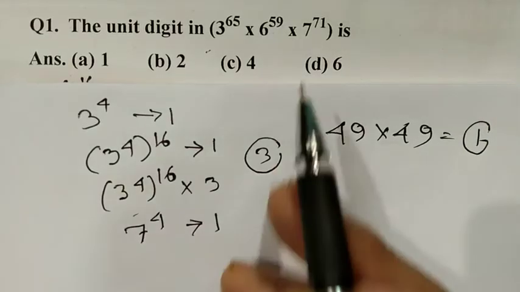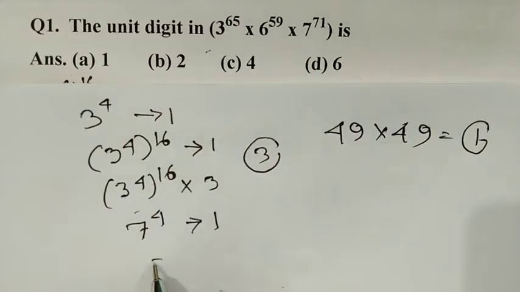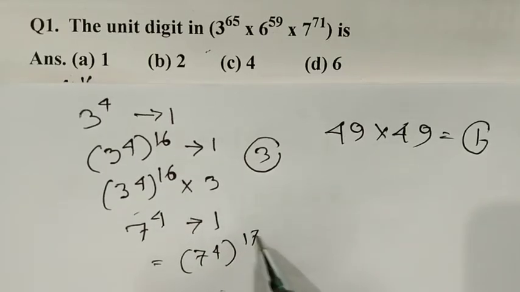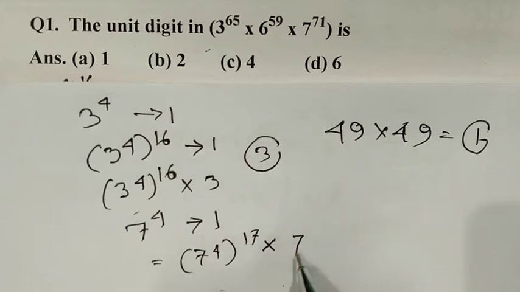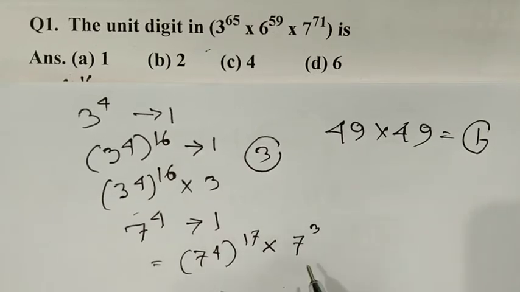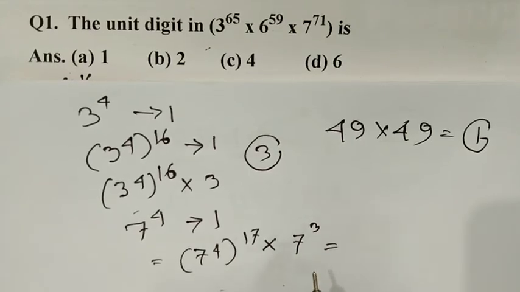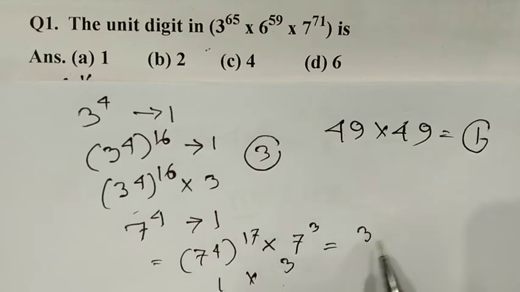Then we can write 7 to the power 71 equal to 7 power 4 whole power 17 into 7 cube. 7 cube equals 343. Then unit digit 1 into 3, then 3.